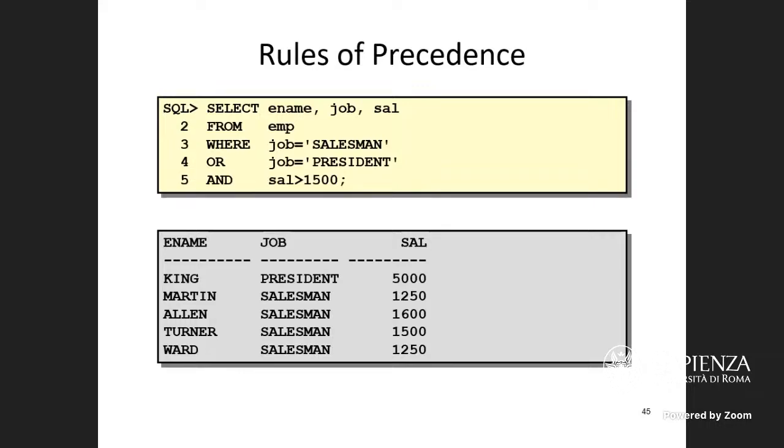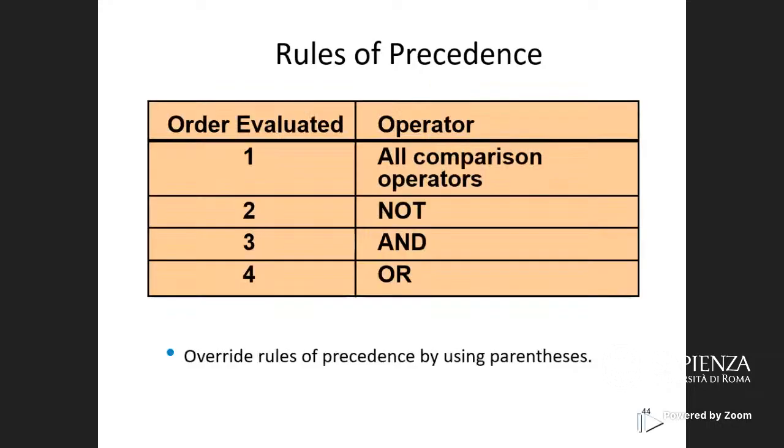So these are the rules of precedence being applied here. What they are doing here is selecting employee name, the job, the salary from employee, where the job equals salesman, or the job is president and the salary is greater than 1,500. Now, if you look at this, you'll find the rules of precedence that we talked about. What does it tell us? That all other comparison operators will be the first thing to be evaluated.